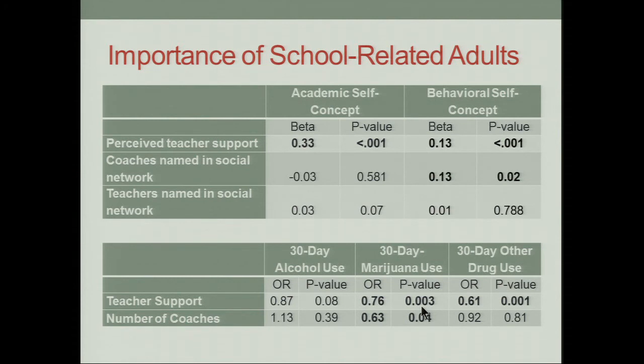I should mention that these models control for the larger context that adolescents experience. We controlled for their family social network, their peer network, as well as a bunch of sociodemographics like their gender, grade, ethnicity, socioeconomic status, and their individual GPA and the quality of their schools. So we tried to really account for a lot of the other things that might come into play here.